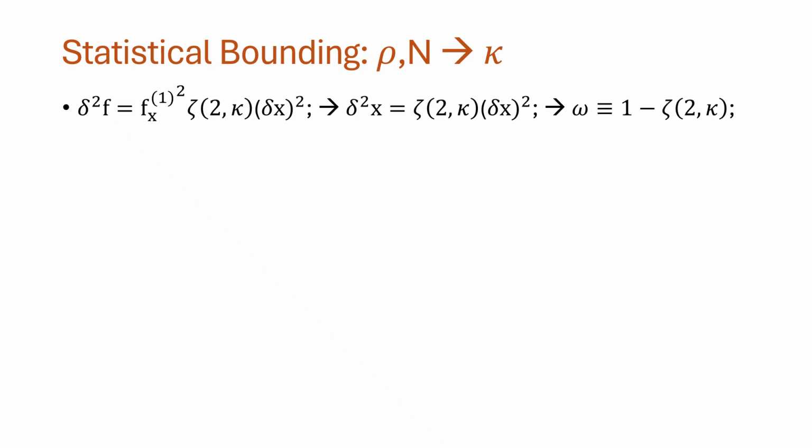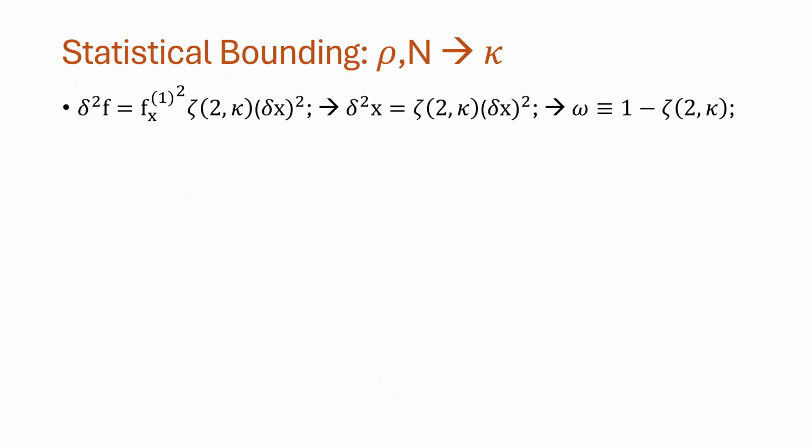Now let's talk about static binding. It is a process to determine the bounding range kappa from the input uncertainty distribution rho and the sample count n. For the first order approximation of a Taylor expansion, the formula is given by this. A special case is when f(x) equals x.